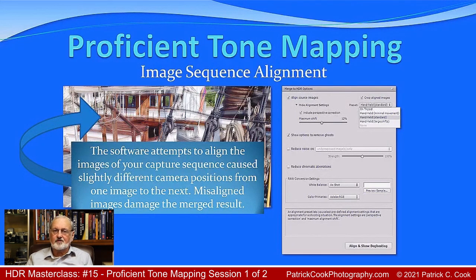What is important is that all of these captured images do need to be merged together. And the purpose of merging is so that you actually have a single file or a single image that you're going to be working with from that point forward.